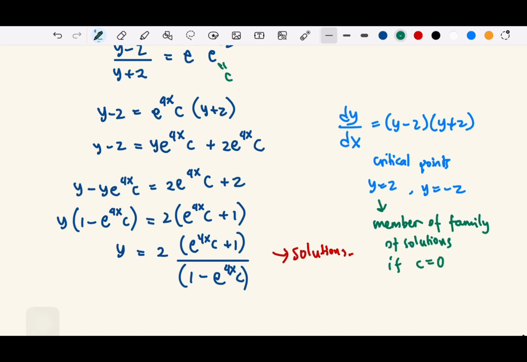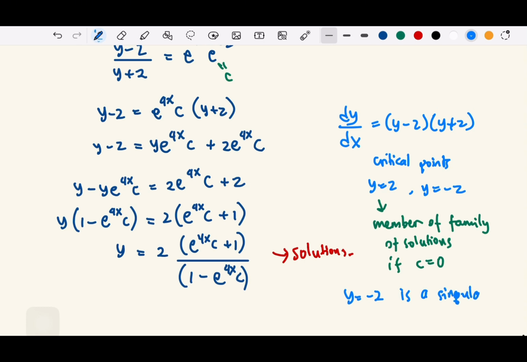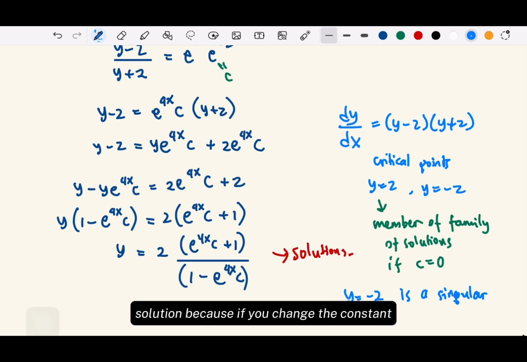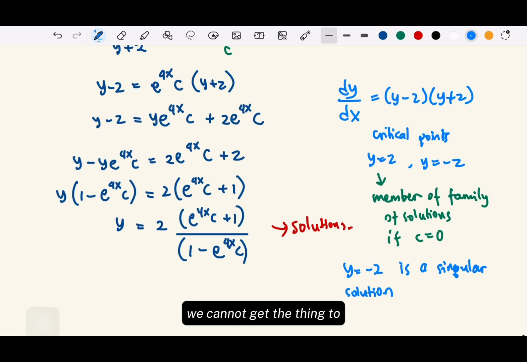But y equal negative 2 is a singular solution. Because no matter what we change in the constant, we cannot get the negative 2. Okay.